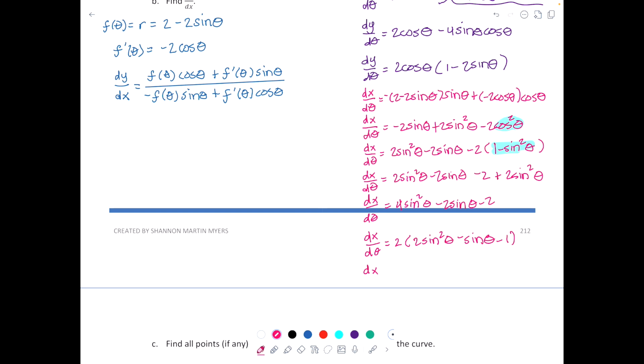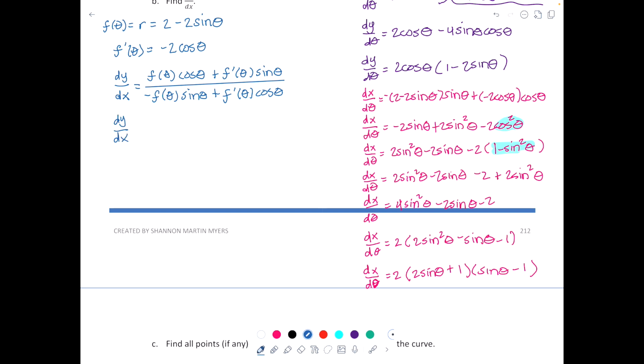And that's going to factor as 2 times 2 sine theta, and I need the negative to be in front of the sine theta, so it'll factor like this. Groovy? Okay, so now that it's all simplified, it shouldn't be that awful to deal with here.